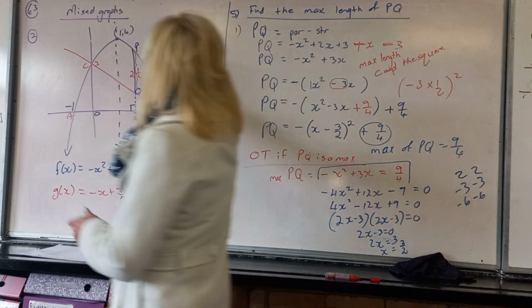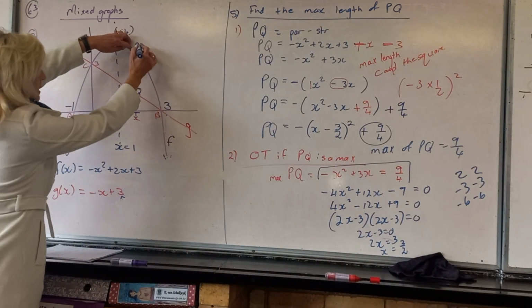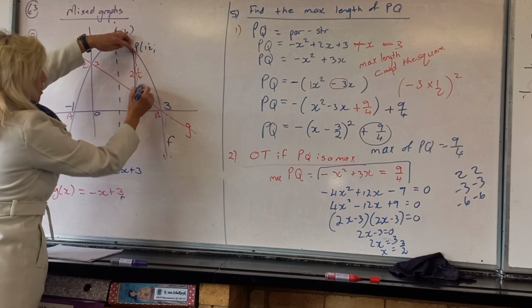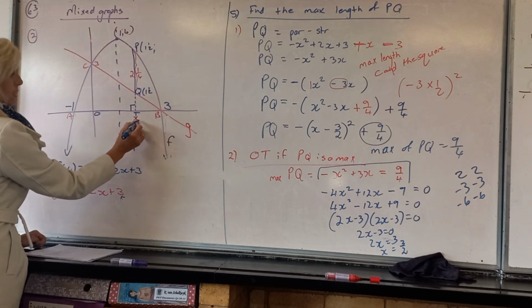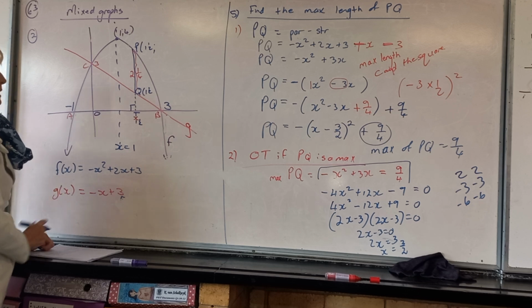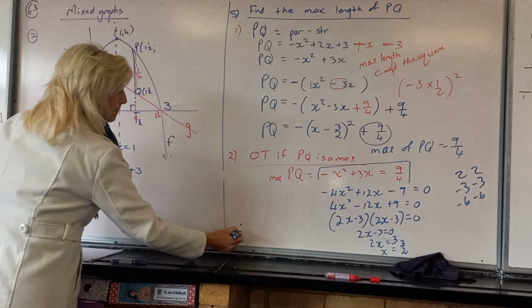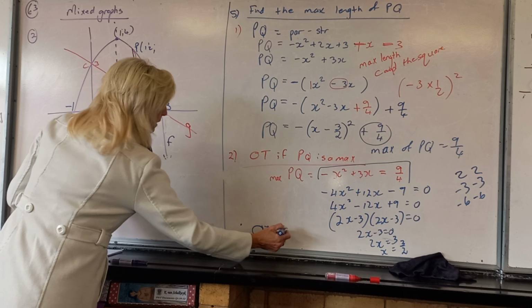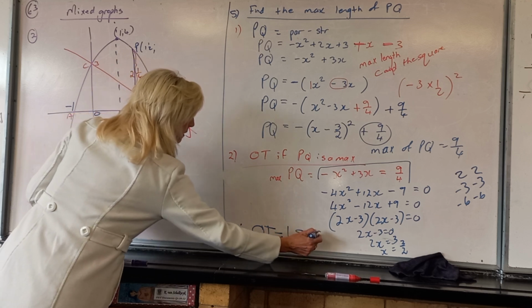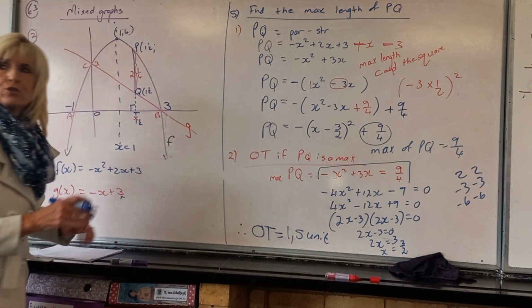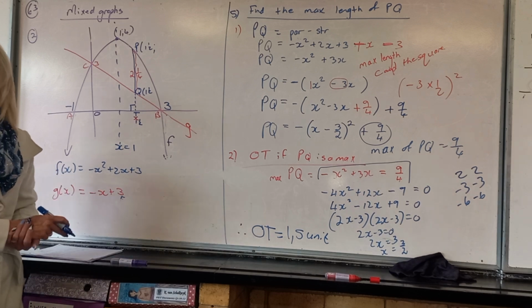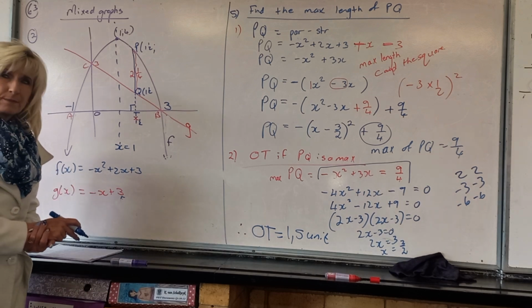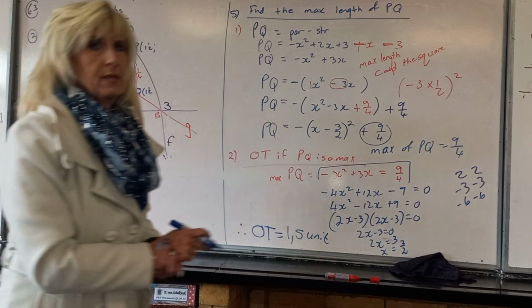So the x value for both, between those two, is going to be 1.5. So this has to be 1.5. So what is OT's length? 1.5, even 3/2 units, that's your answer. Okay, difficult? For sure. It's not the easy stuff.